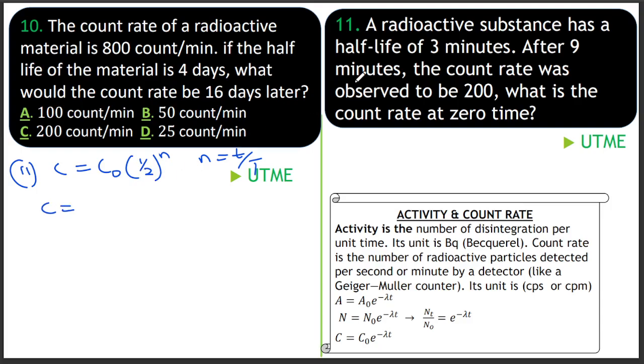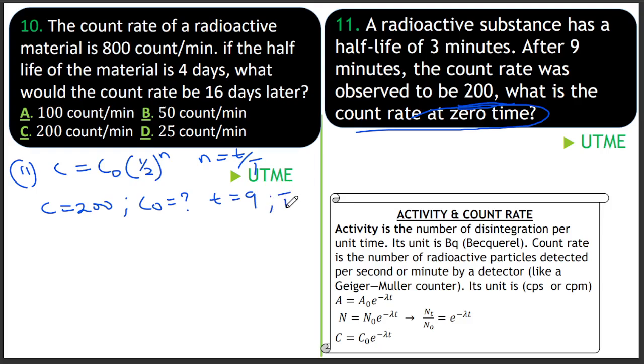Are we given C? Yes, this 200 is the final count rate. Remember that the question is asking us to find the count rate at 0 time, that is C naught. So what we are looking for is C naught. C is 200 counts per minute, C naught is what we are looking for, and small t is 9 minutes.